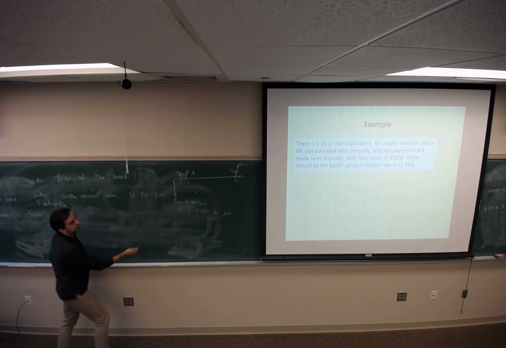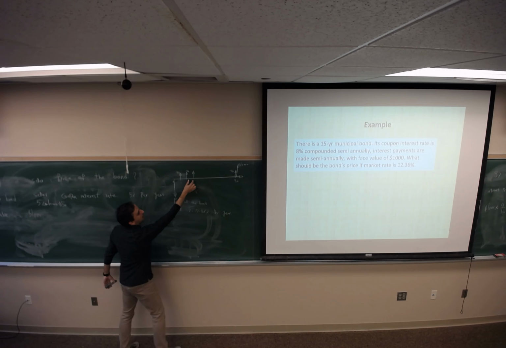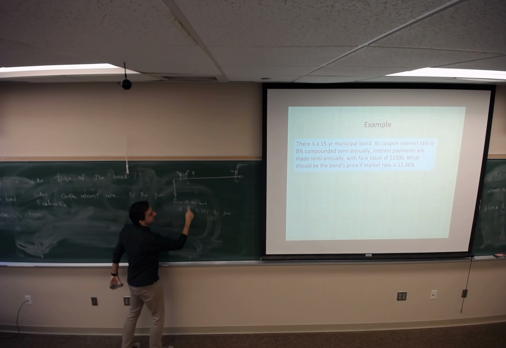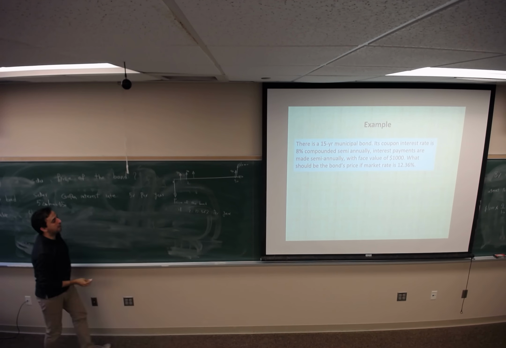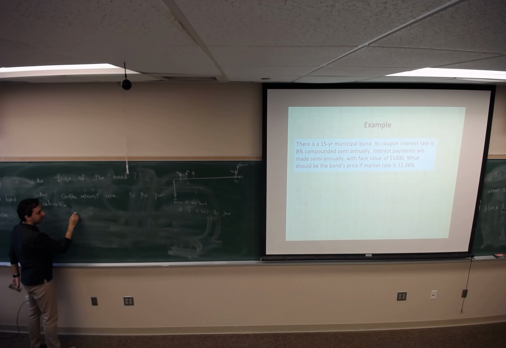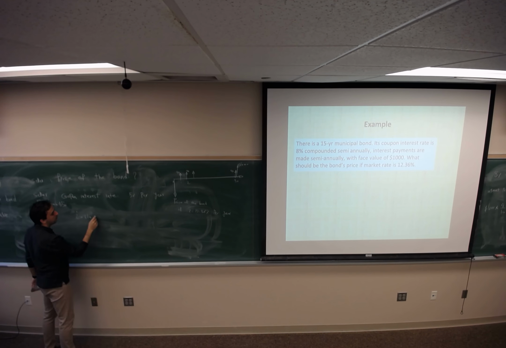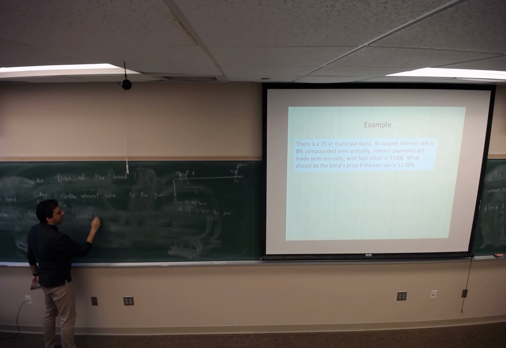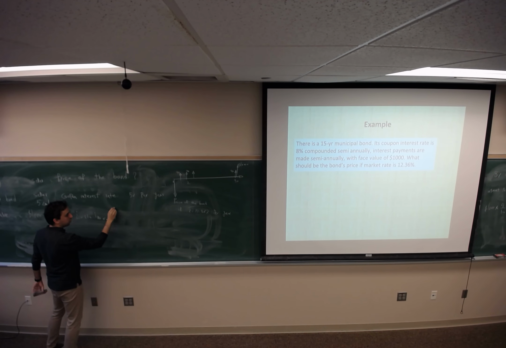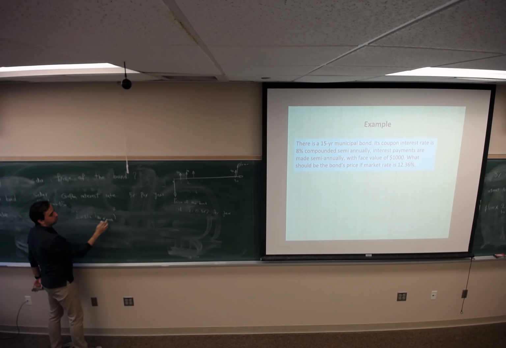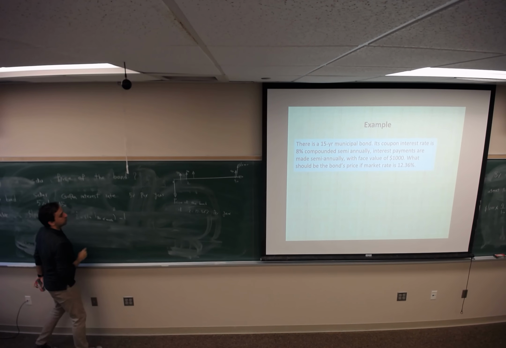But here I have periods of time of 6 months, but the interest rate that you are given is per year. So i effective is (1 plus i per 6 months) power 2, because we have 2 periods of time per year, minus 1.